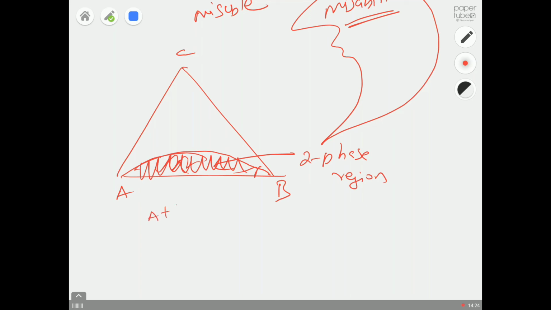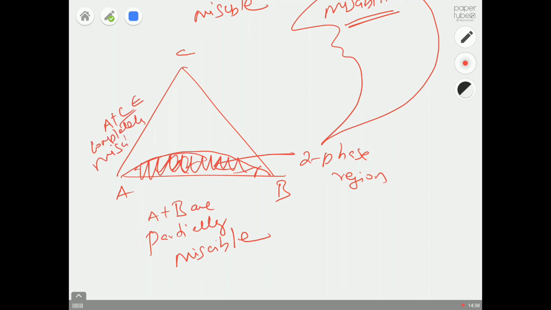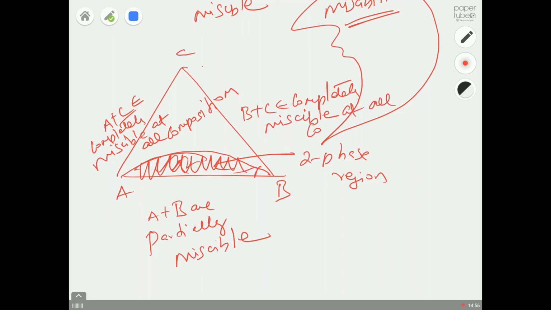In this case, A plus B are partially miscible, A plus C completely miscible at all compositions, and then B plus C is completely miscible at all compositions.